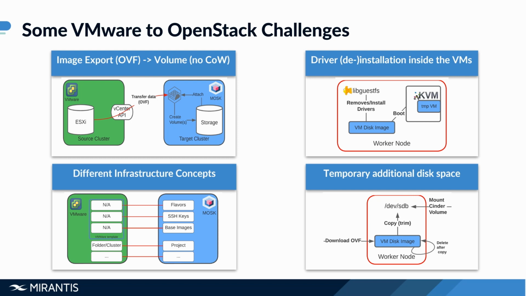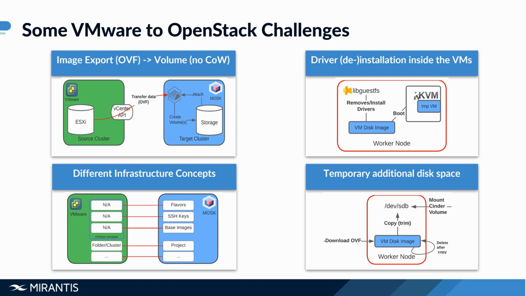But with a volume, it's persistent. We have to do it that way because on the VMware side, this concept doesn't exist in a simplified way. And we don't want to upload large disk images as a base image. Therefore, we are using a bootable volume, and copy all the stuff into this volume.